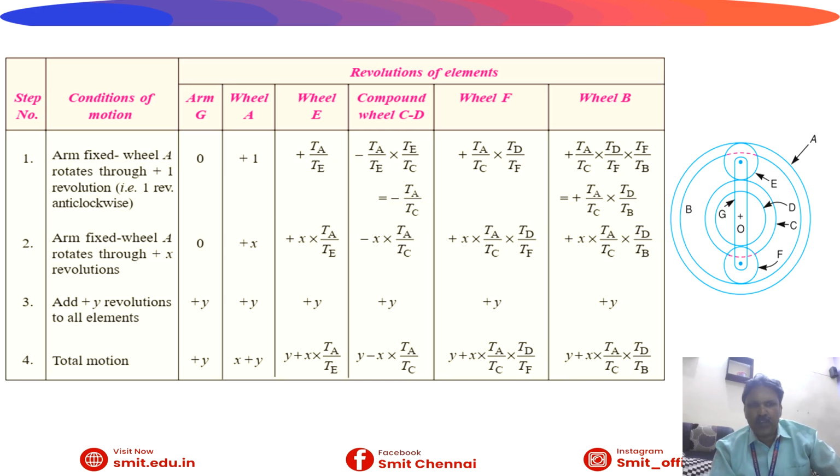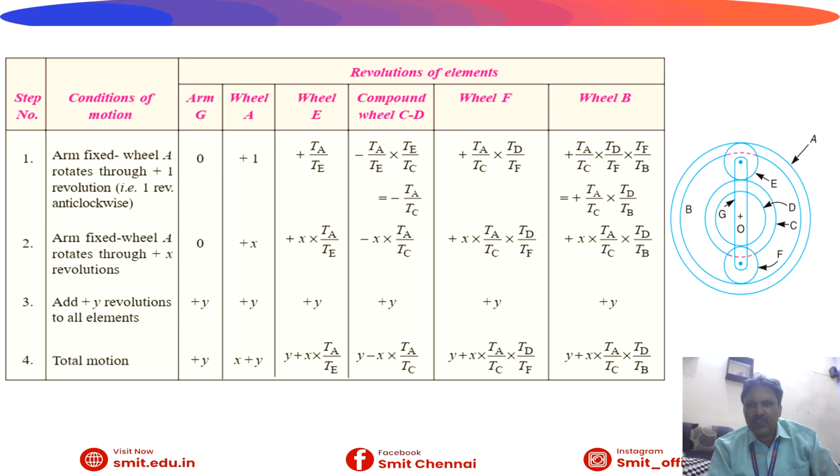In that, the arm will always be fixed. Wheel A is the first input that we give. Wheel A, that is the input, is plus 1. Then transmission A to E, both are in the same direction, so there is no change in direction, plus only. Compound gear CD means again there will be a change in direction, so it is minus. Then wheel F is positive, same direction.